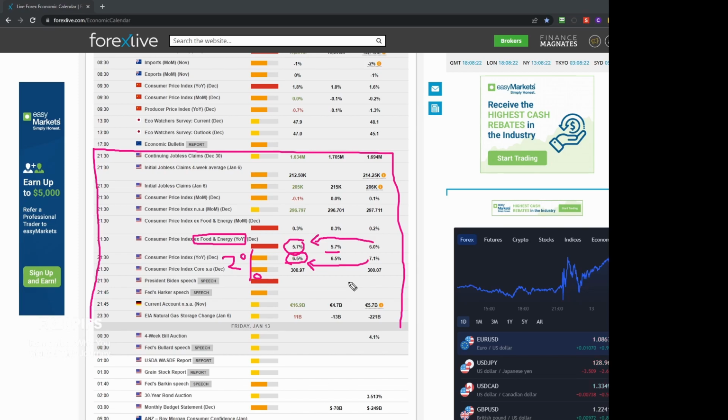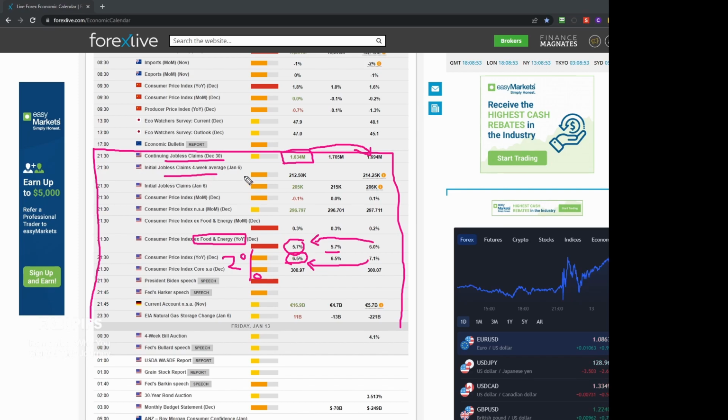And the other figures that the Fed is looking at are the worker side of things. So the jobless claim, there is a drop. Basically, what this means is lesser unemployment claims, which means there are more workers working.